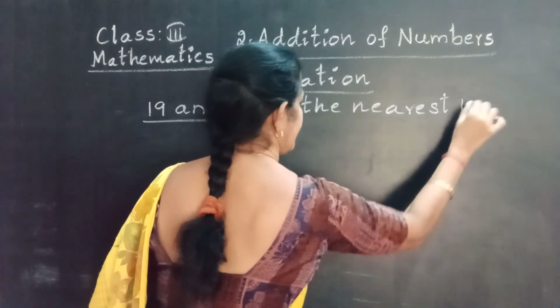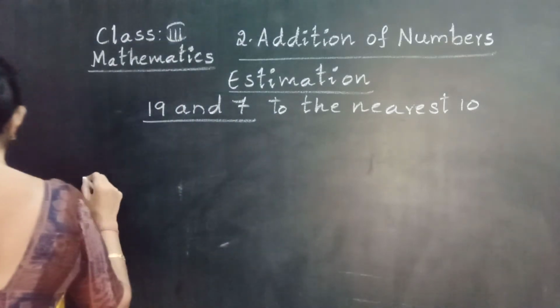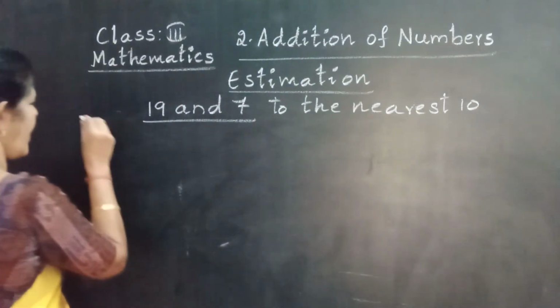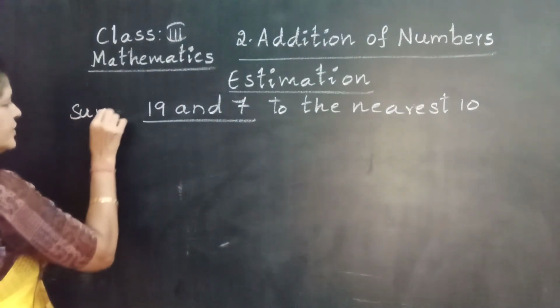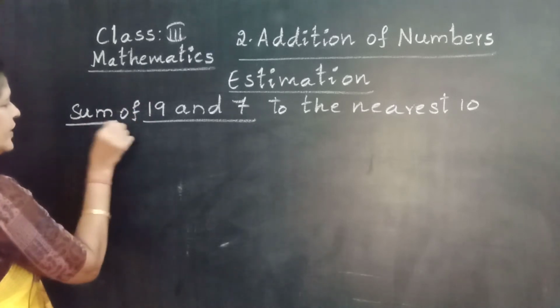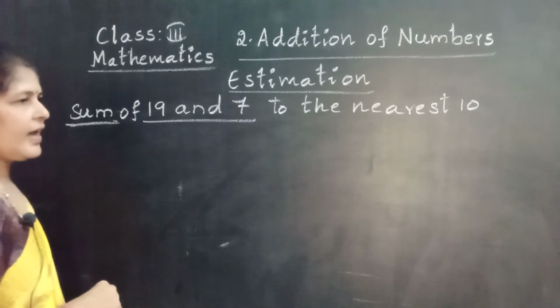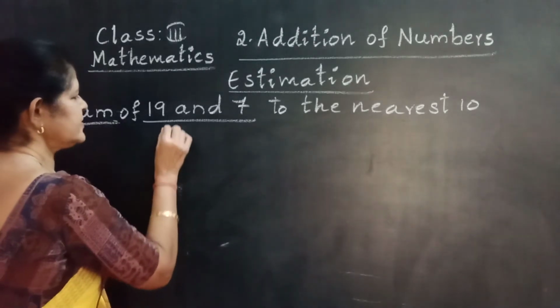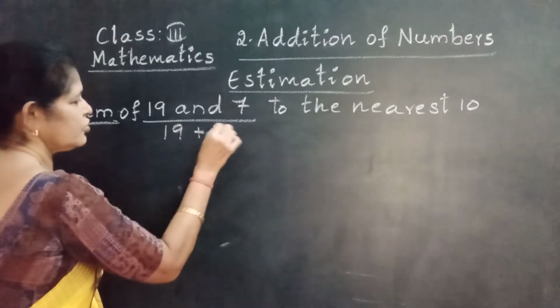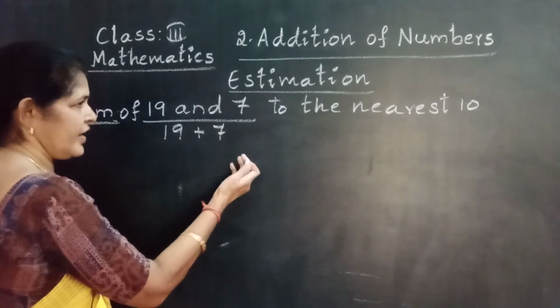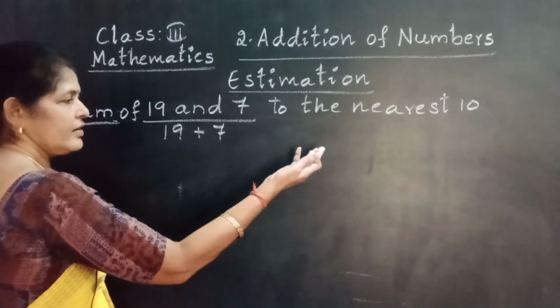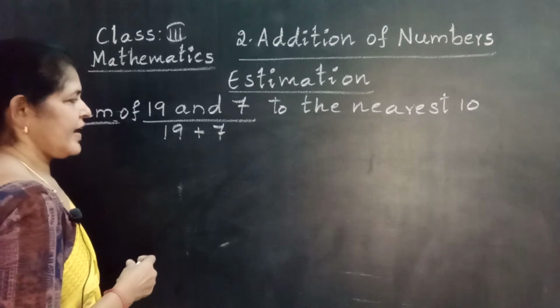What do you mean by sum? Yes, total. How do you get the total? By addition. That means the given question is 19 plus 7. Find out to the nearest 10.